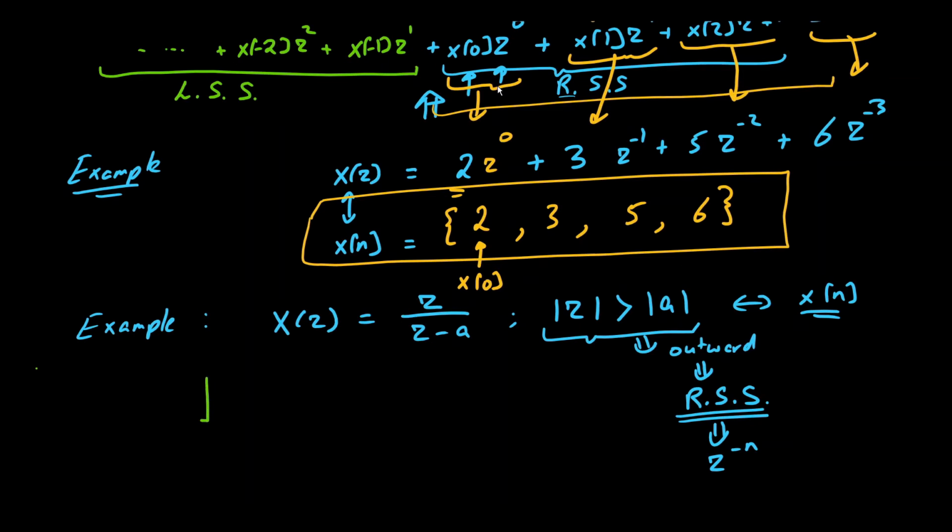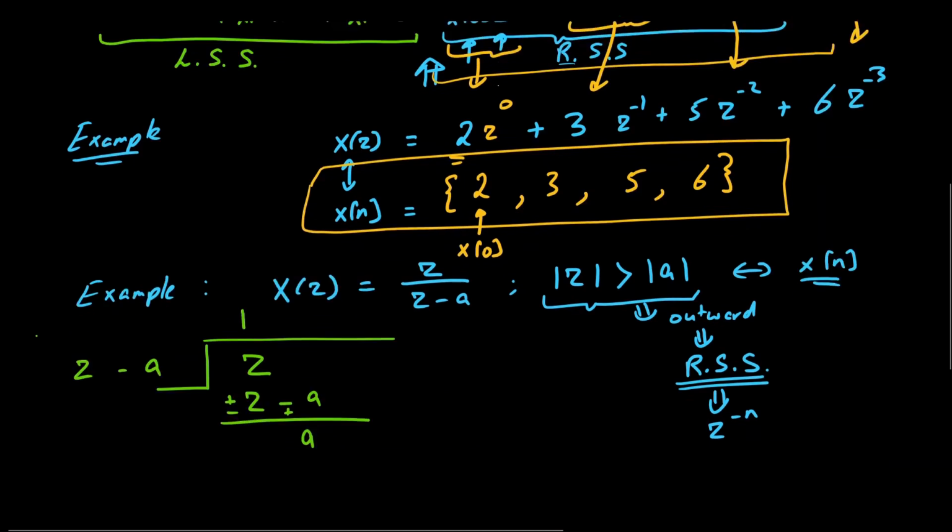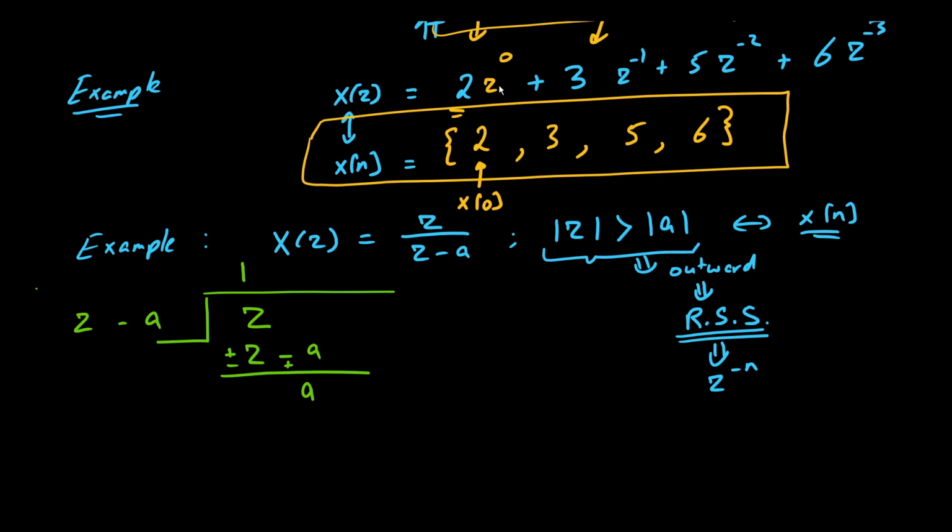We can find that by simply dividing z by z minus a. Initially we would have a 1 here, so this would become z minus a, so plus minus and minus plus, and you would have a as a remainder. So we can have an a z^-1.